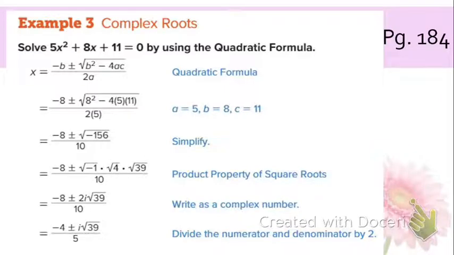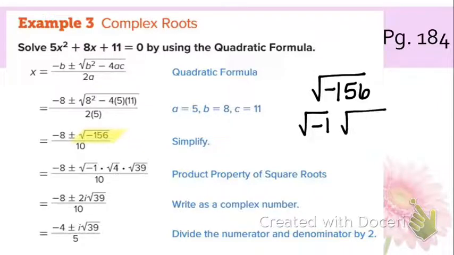But what I want you to focus on right now is notice that for your discriminant, they got negative 156. So anytime you have a negative underneath the square root, you have to take that negative out. And then the second thing they did was look for a perfect square that would go into 156.